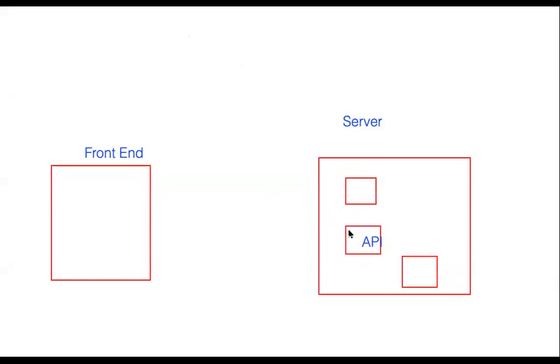This API component goes and talks with your database. The other component might be some backend code, or some port, or some other component. I'm not really bothered about this. All I'm saying is, when your front end asks for some information from the server, the server listens to that request and processes it.